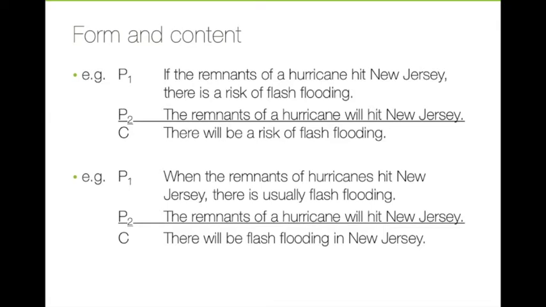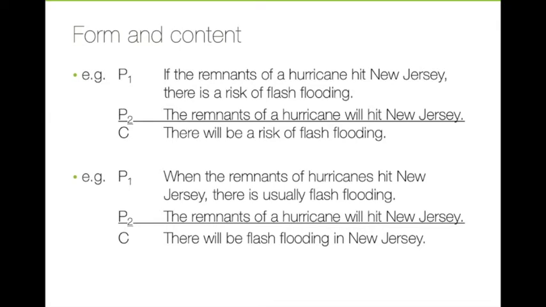These two arguments were meant to illustrate the difference between deductive and inductive arguments. So remember, for inductive arguments, the truth of the premises makes the conclusion more likely to be true. That was the second argument. Whereas for deductive arguments, the truth of the premises guarantees the truth of the conclusion. So that was what was going on in that first argument.